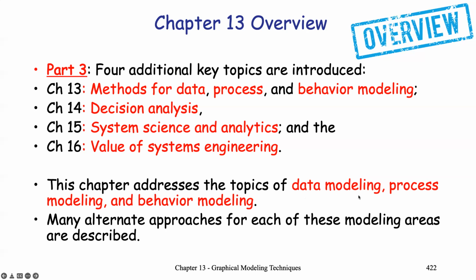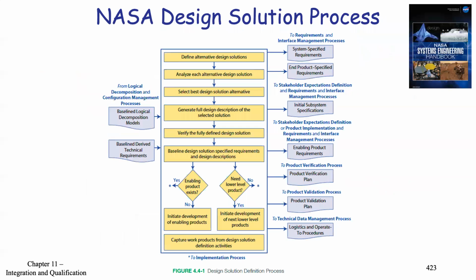So the focus is on modeling, data, process, and behavior. And we'll go through at a very high level examples of these. And there's many alternative approaches for each of these modeling areas. And so they're introduced.